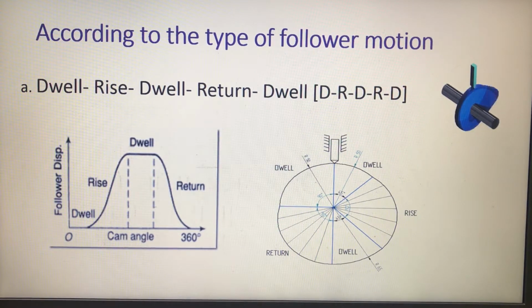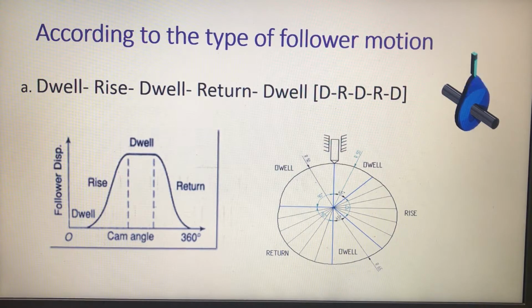For example, in this animation, where there is a constant radius, there is no displacement of the follower. That region is called dwell. If it has some bulged portion, then the follower will have rise or return motion.